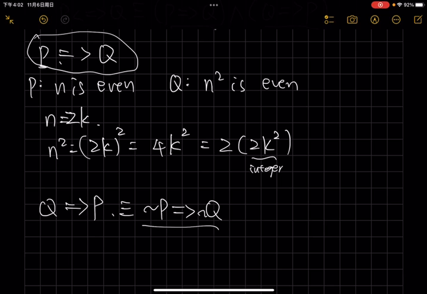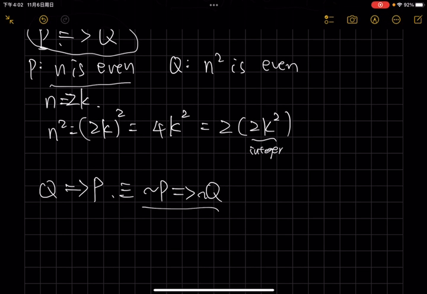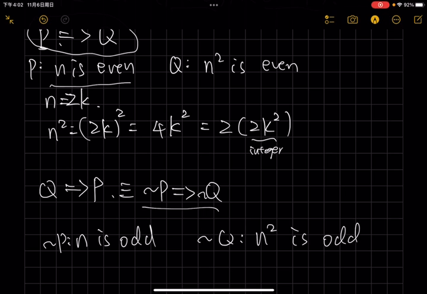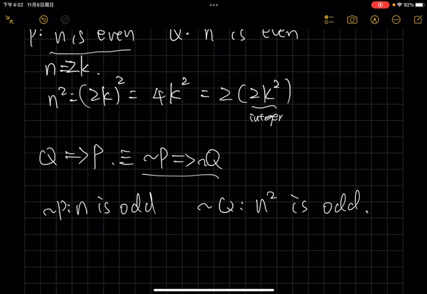So the reverse of P: we see P here is n is even. That means the reverse of P is n is odd. The reverse of Q: we try to show n squared is odd. From definition 2, we know if n is odd, that means there exists an integer k such that 2k plus 1 equals n.